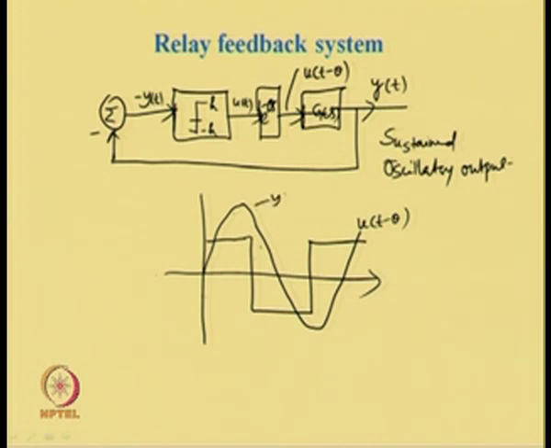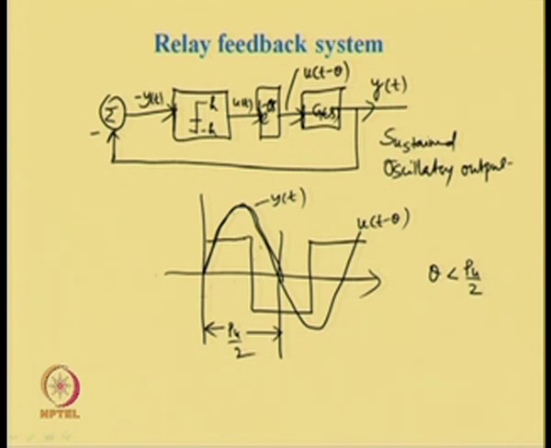So, this is y(t), with the assumption that theta is less than Pu by 2, half period of the sustained oscillatory output signal, this is our Pu by 2.